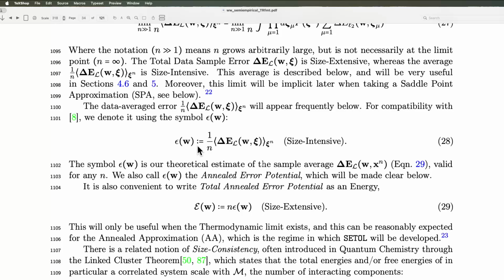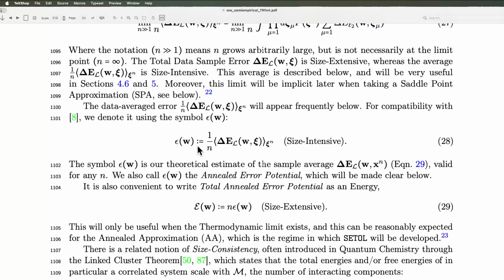And we need this. In normal statistical mechanics, you might say the entropy is size extensive and the temperature is size intensive. If I double the size of the system, the volume doubles, but the pressure is size intensive. The pressure doesn't change, right?